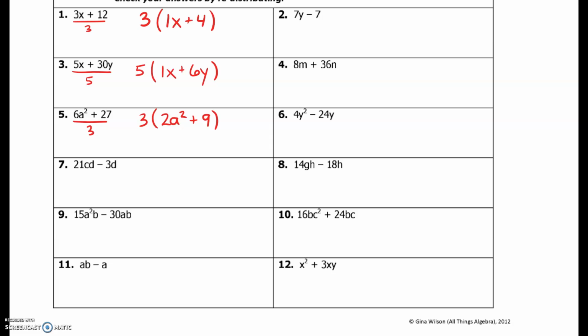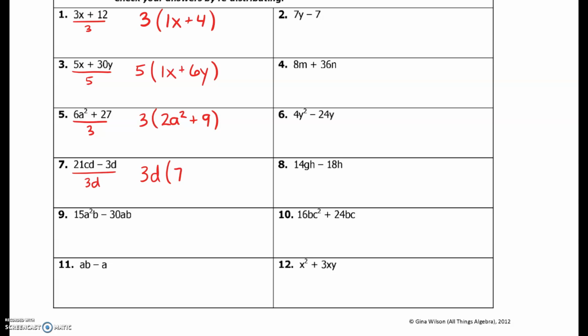In number 7, you have the numbers 21 and 3. They are both divisible by 3, and they both share the letter D. So this letter D should be factored out as well, and that is what you will be dividing by. Now remember your rules for division. So we divide 21 by 3, you will get 7, and you subtract the exponents.